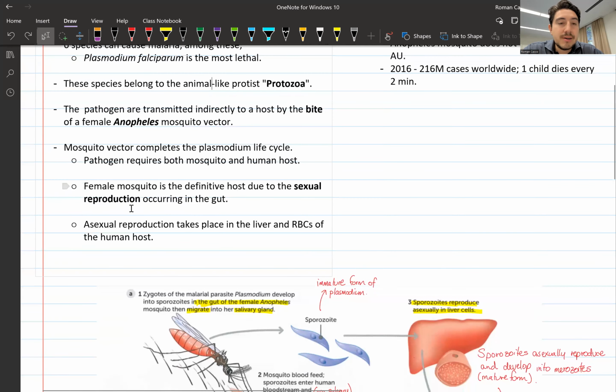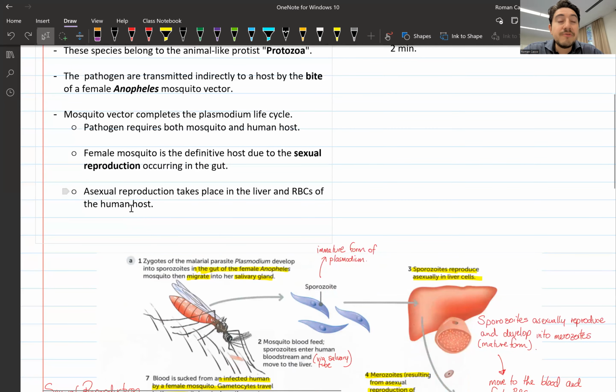So the female mosquito, the actual mosquito itself, is referred to as the definitive host, because here's where you would have more sexual reproduction occurring in the digestive tissue of the mosquito, right? And it enables sexual reproduction.